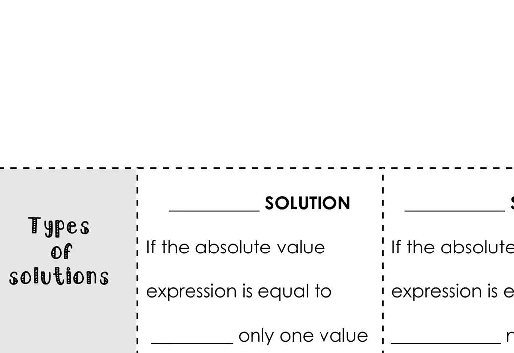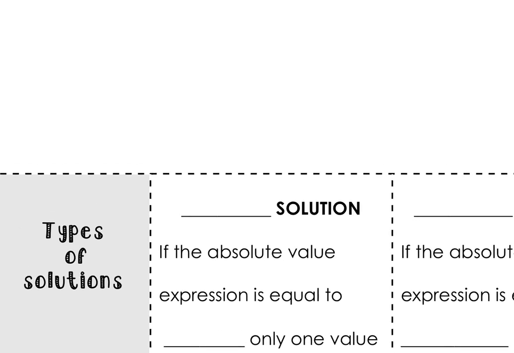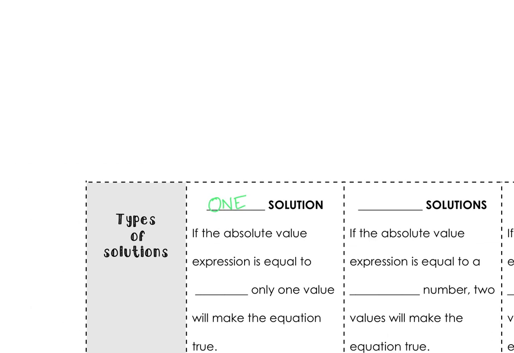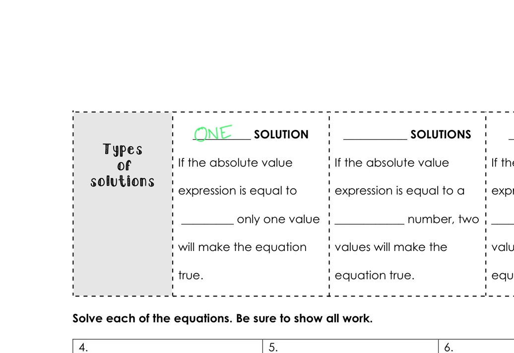When we have absolute value equations, we could have only one solution. We will see one solution if and only if the absolute value expression is equal to 0. So if the absolute value expression is set equal to 0, well, when we go to break it up in 2 equations, we can't have 0 and a negative 0. That's not a thing.